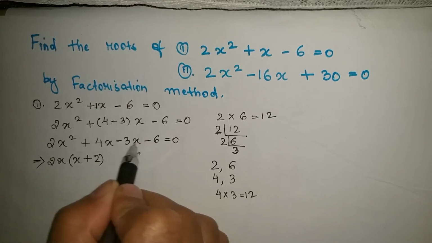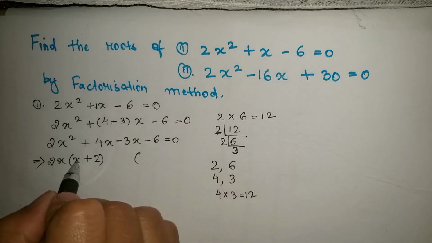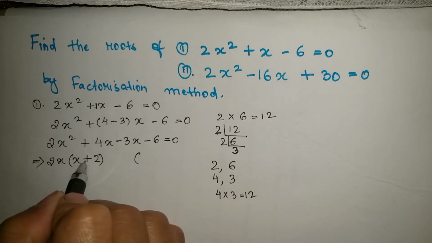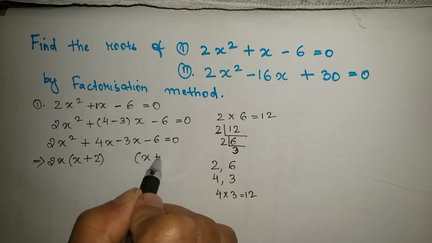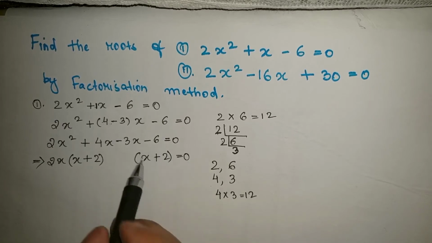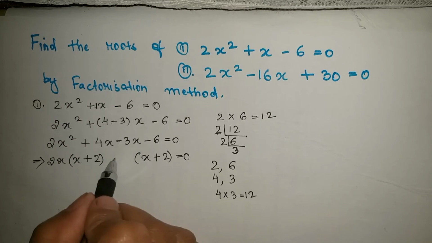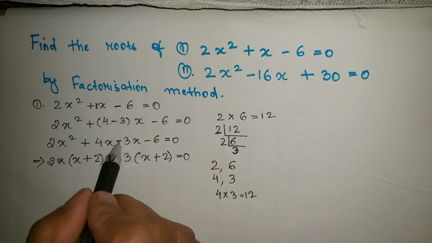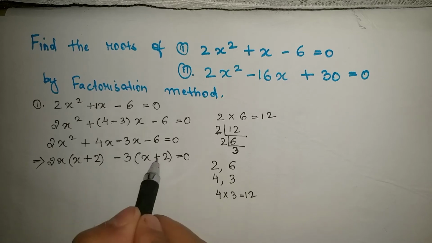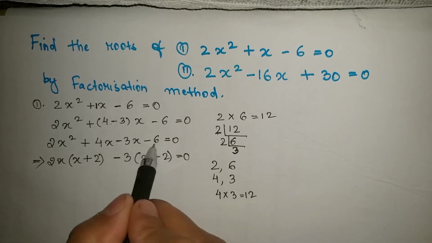From here also I'll do the same thing, but for simplicity I'll write x plus 2. What should I get? If I take minus 3 into x, I get minus 3x, minus into plus, minus 3 into 2, 6.